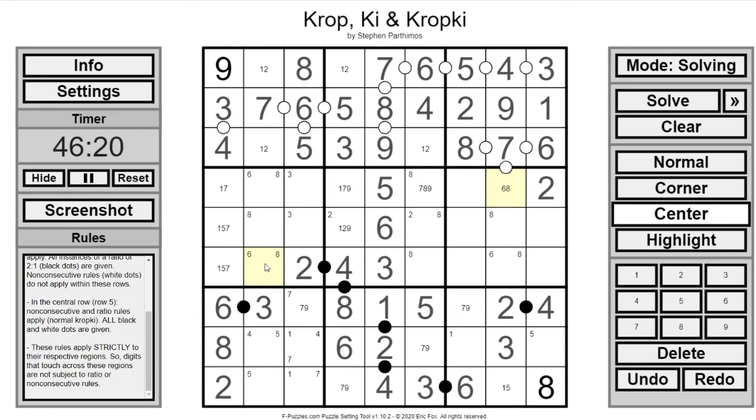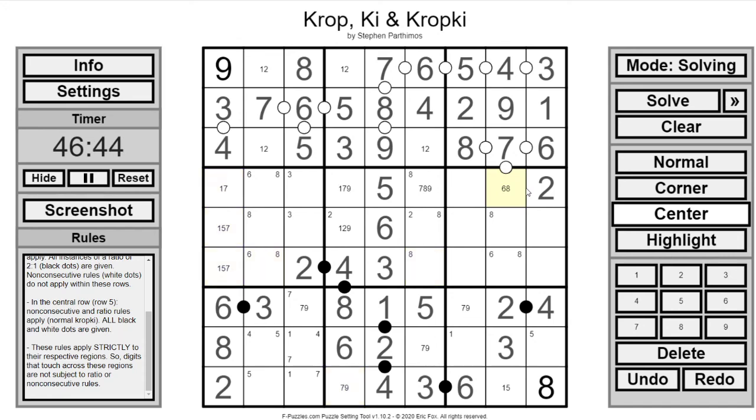It should force a 1, 7, 5. This would be a 7, this would be a 7. I don't know, in theory that all works.